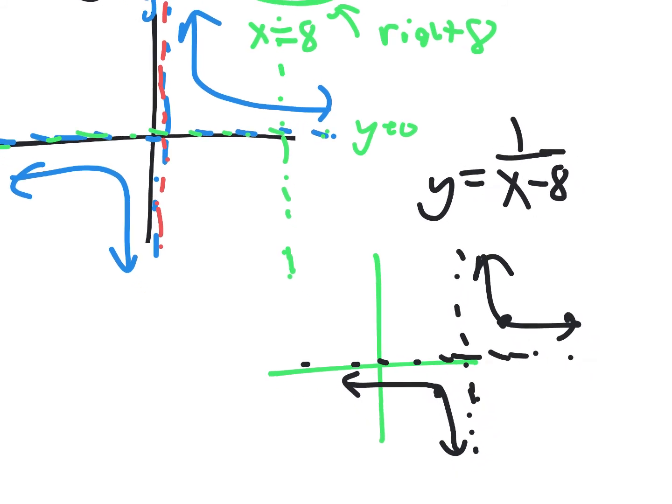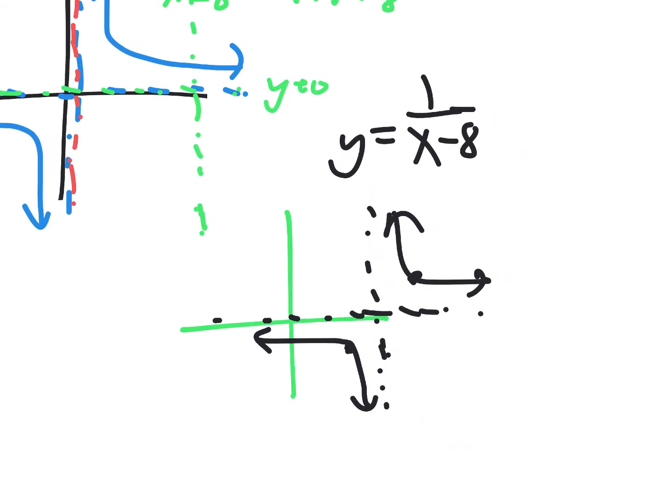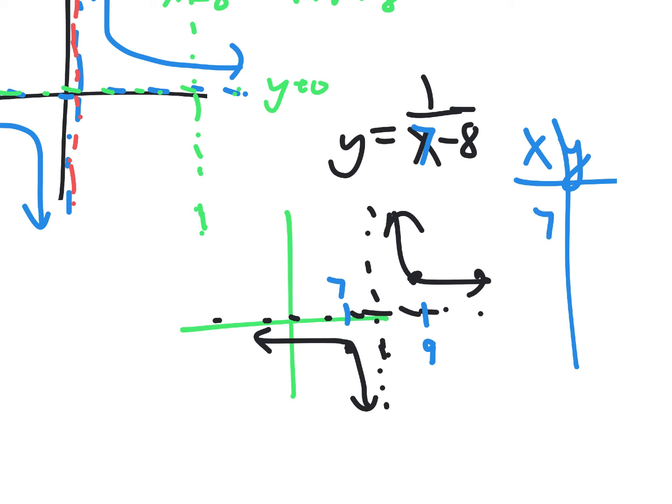And my perfect points would have been at 7 and 9. And I want you to think about why. Because if I stick in 7, I get 1 over 7 minus 8, which is 1 over negative 1, so negative 1.